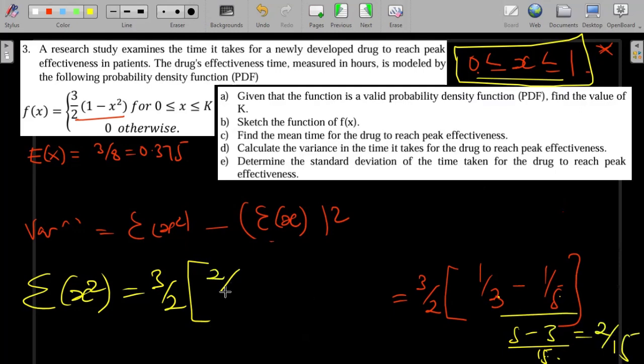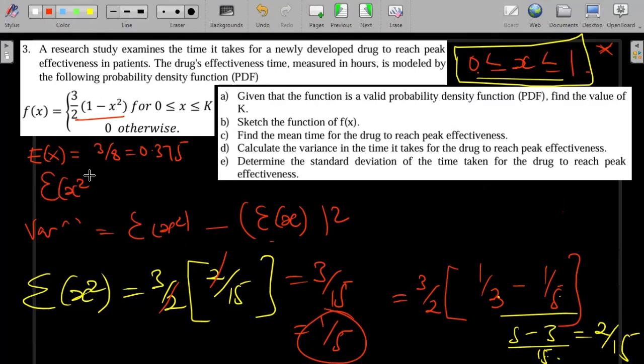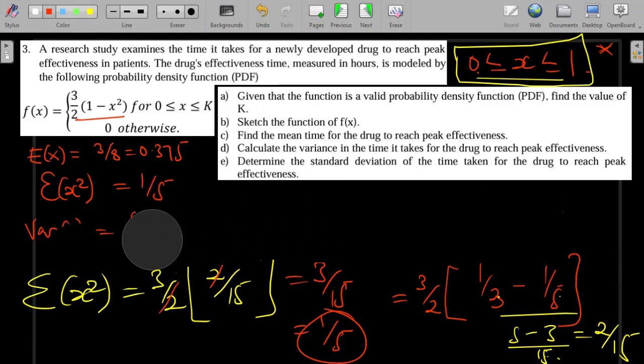So I write 2 over 15. Meaning this 2 and this 2 can cancel, so I remain with 3 over 15. 3 into 3 is 1, 3 into 15 is 5. So this one here is my expected x squared, or the expected value of x squared.